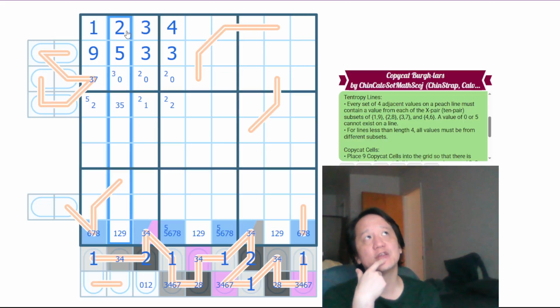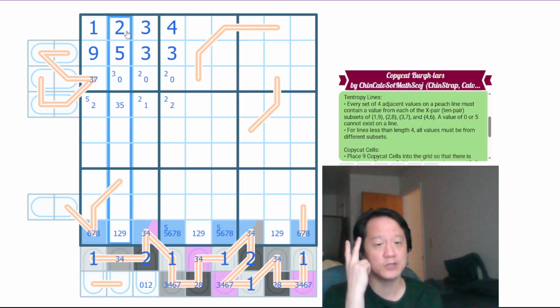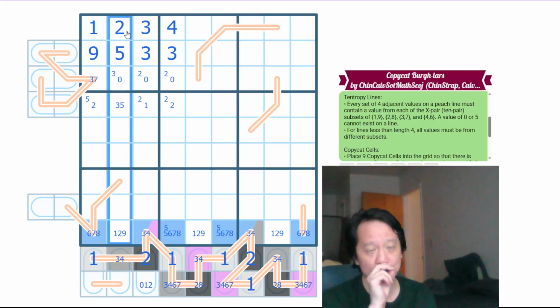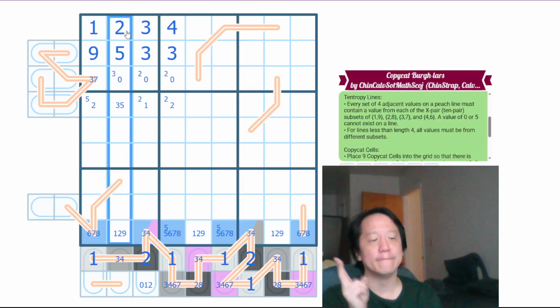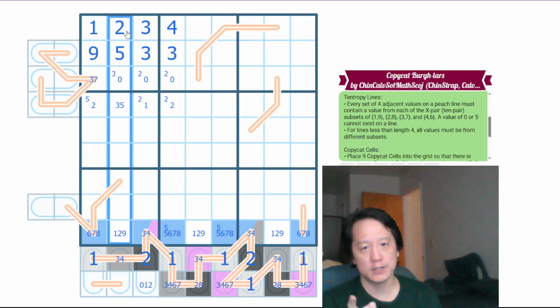But I don't think that works. Yeah, 5 and 8 is 13, 6 and 7 is 13. It's 26, plus 2 is only 28 in value. So the 9 cannot be duplicating the 2. It must be duplicating a 1 on the other end.